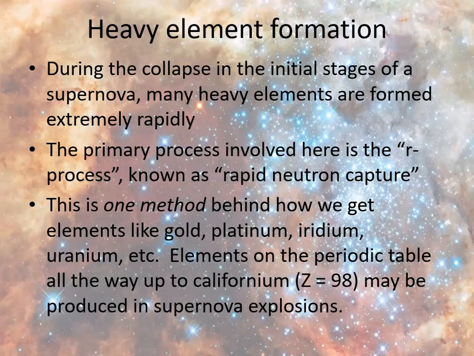Now, I've mentioned that you end up getting a lot of heavy elements forming as a result of this. This is due to something called R-process nucleosynthesis. We call it R-process because it's rapid neutron capture as opposed to the S-process, which is slow neutron capture. So something that occurs even in asymptotic giant branch stars is you'll have, say, free protons roaming around, and sometimes these protons can interact with an electron antineutrino, and the result of that is the formation of a neutron plus a positron.